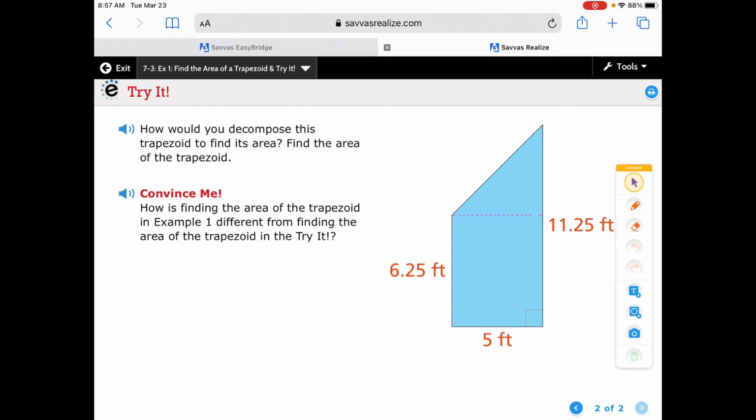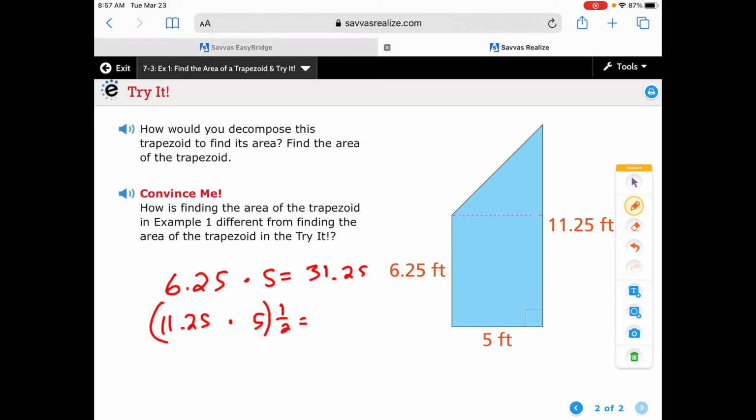Okay, so let's take a look at this one. We want to find the area of this trapezoid, and there's only one triangle here. So we're going to do 6.25 times 5. Let me get my calculator. 6.25 times 5 equals 31.25, and then we do the 11.25 times the height, which is 5, and we multiply that in half.